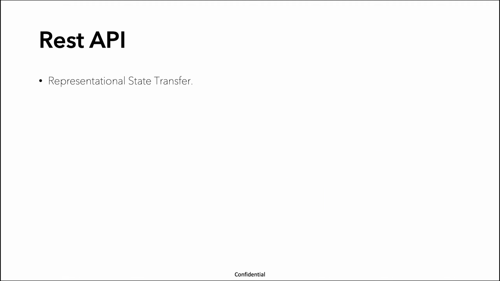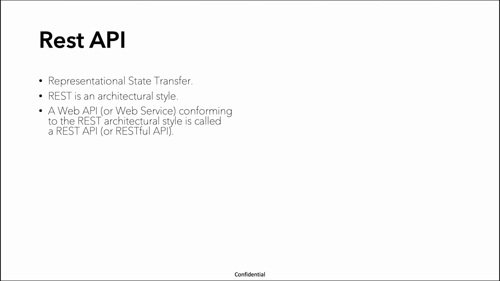REST stands for, as I said, representational state transfer. REST is not a protocol or standard, it is an architectural style. A web API or a web service conforming to the REST architectural style is called REST API or RESTful API. REST is based on attributes that promote simplicity, scalability, and statefulness in the design.